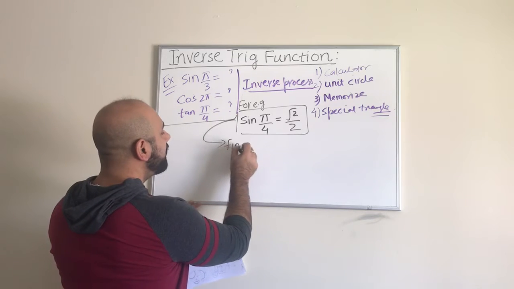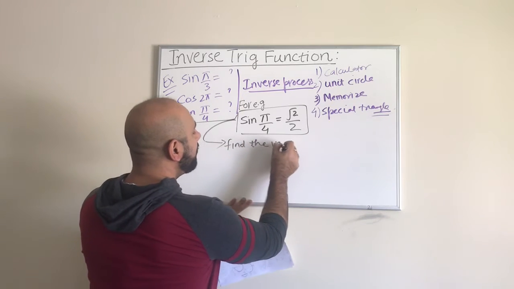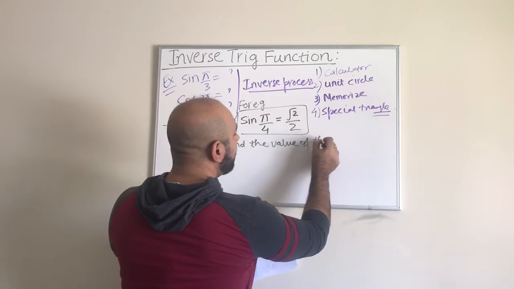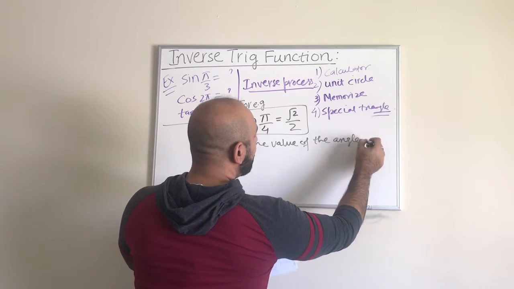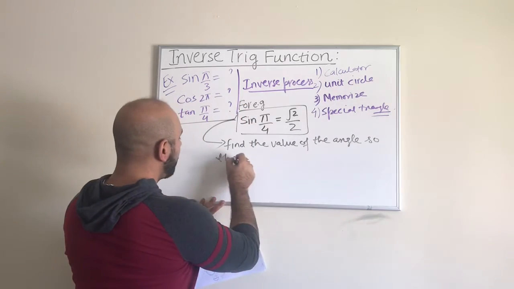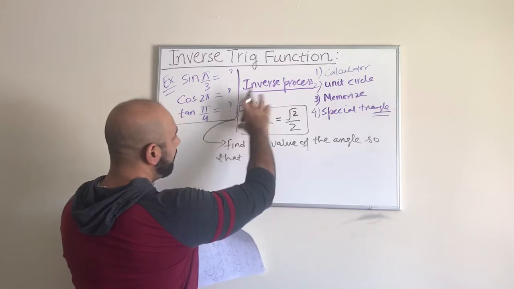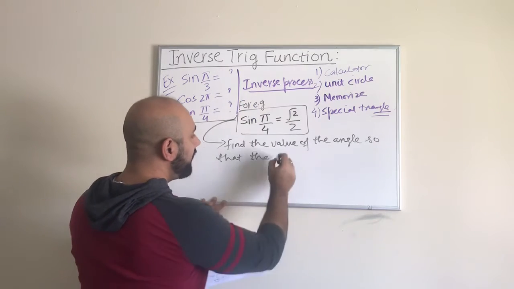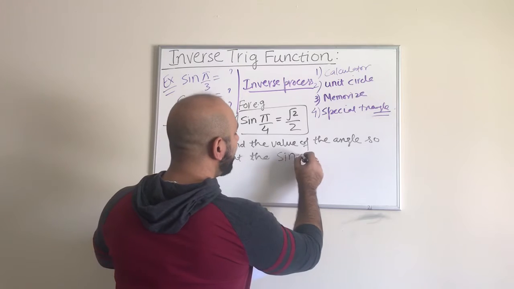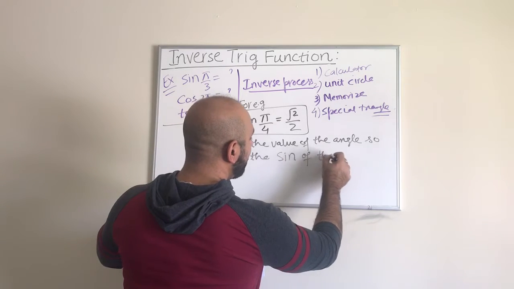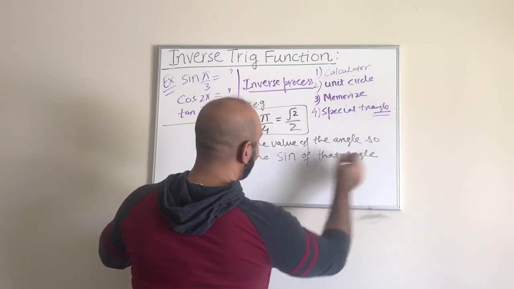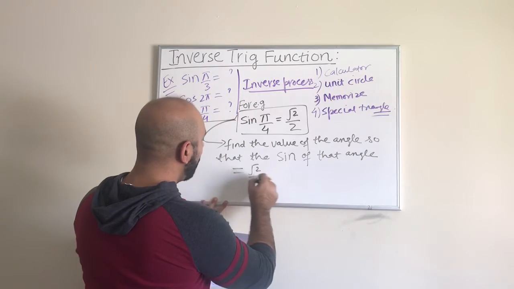Now we want to find the value of the angle, so I'm specifying this to this particular example, so that the sine of that angle gives me radical 2 over 2.